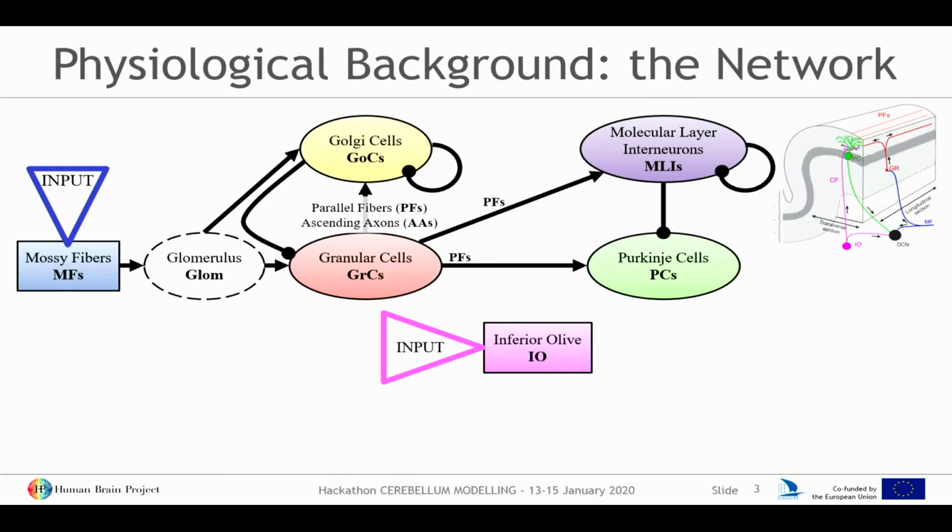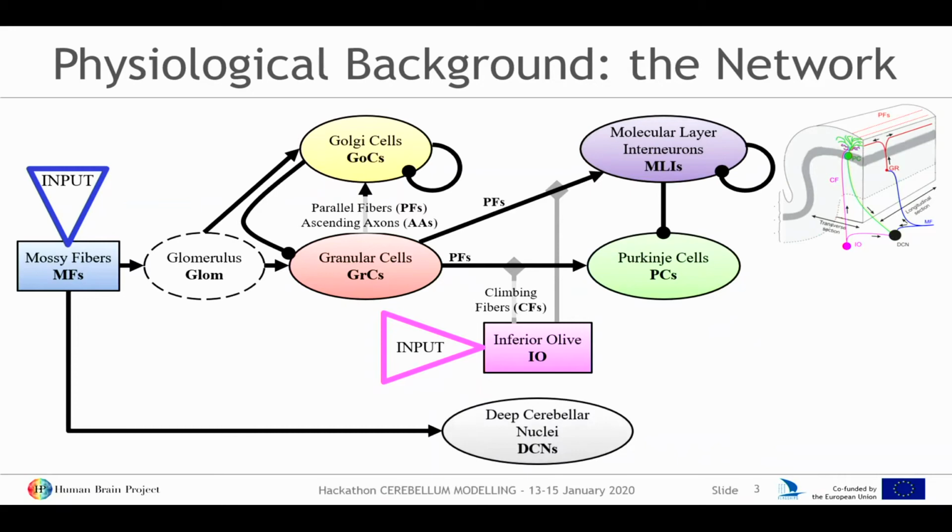Then we have the second input from the inferior olive neurons, and this input is driving the plasticity through the climbing fibers at parallel fibers between granule cells and Purkinje cells and molecular layer interneurons. And then we have the last part of the cerebellum, the deep cerebellar nuclei, which receive excitatory input from the mossy fibers and are inhibited by the Purkinje cell.